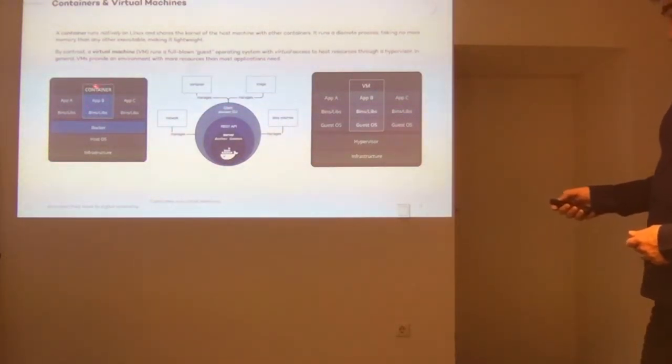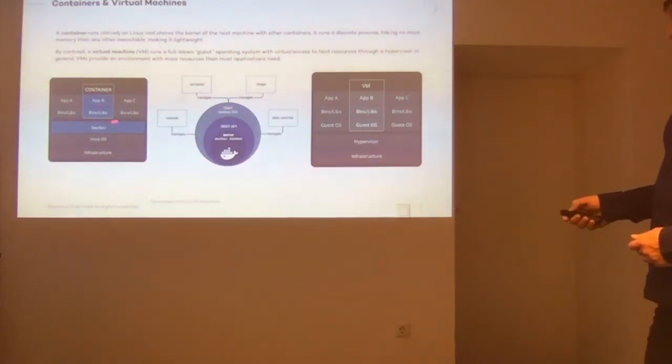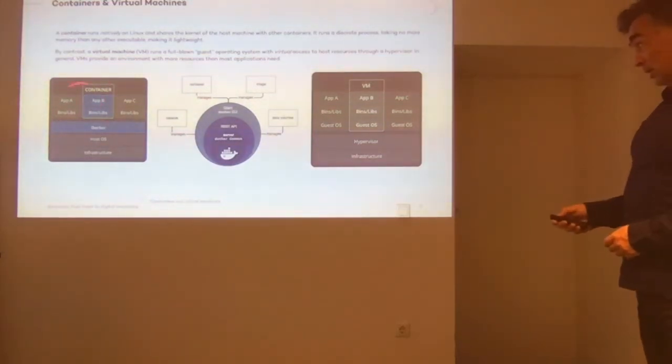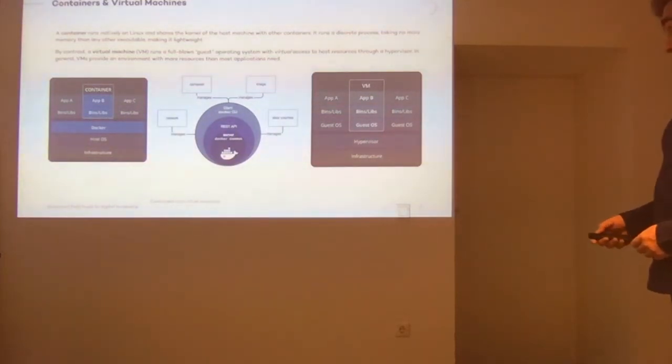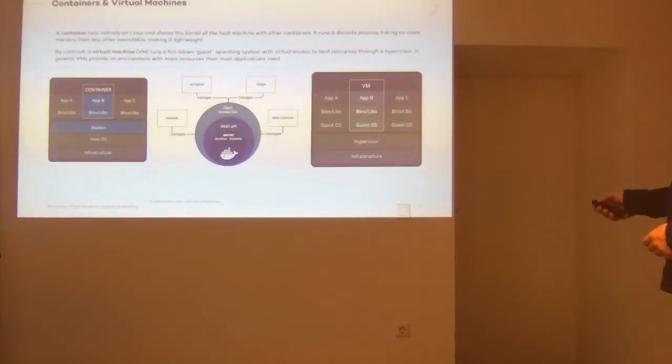In the container model, you have the app, binaries and libraries, sitting on Docker and the host OS, connecting to infrastructure. So it's very simply visible why that is more efficient, when a virtual machine is sitting on an app, bins, libs, guest OS, and a hypervisor on your infrastructure. Obviously, it's going to take a lot more resources.